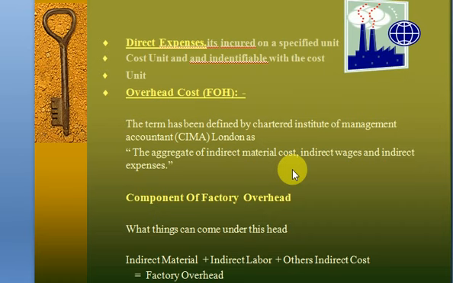So selling overhead is the cost of seeking to create and stimulate demands. We want to create or to increase the demands, and of securing the order for the selling.